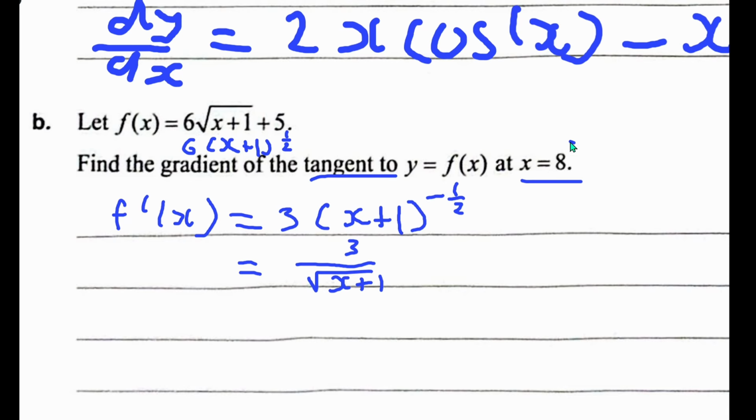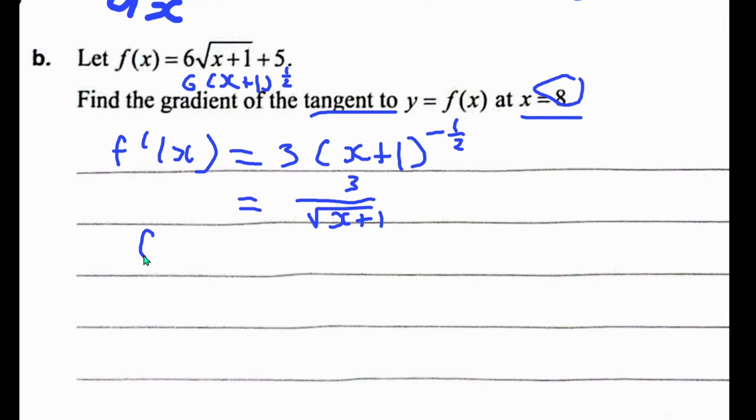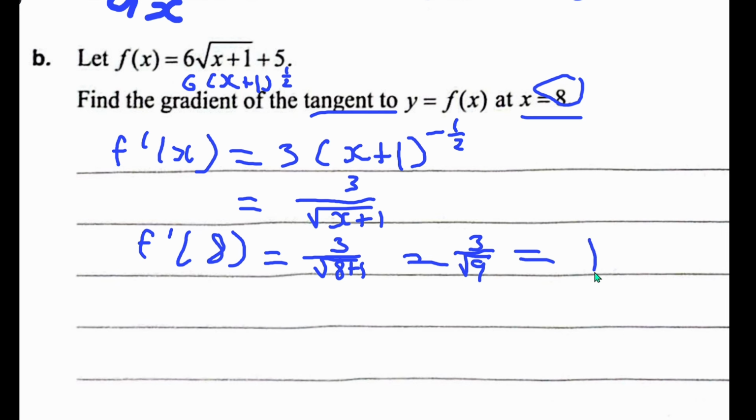At x equals 8, so we substitute 8. 3 over 9, okay. 3 over root 9, which equals 1.